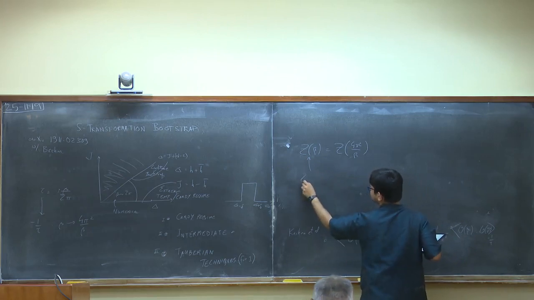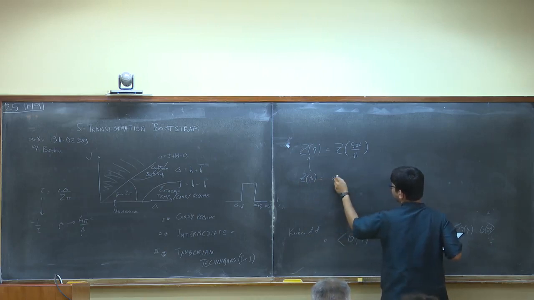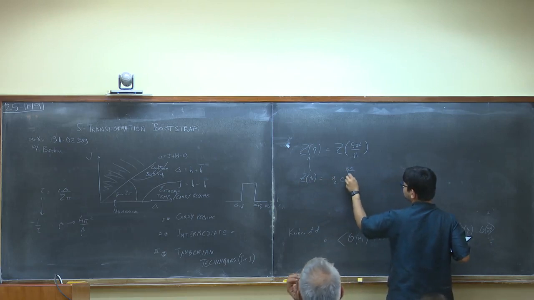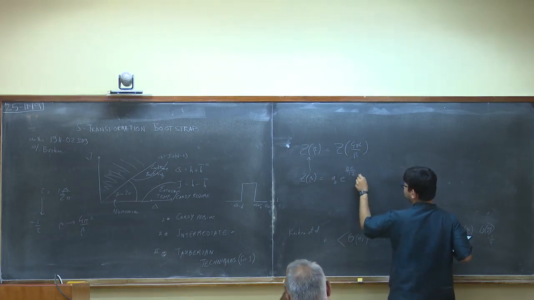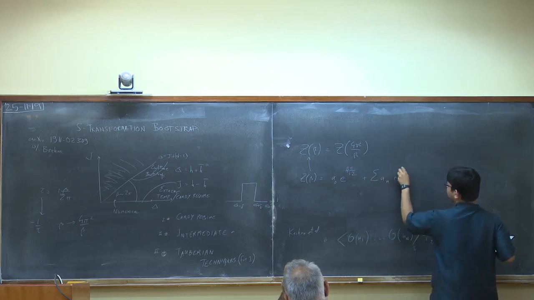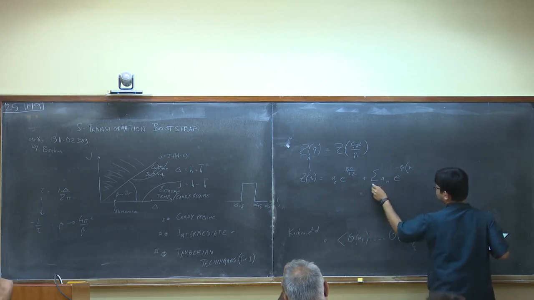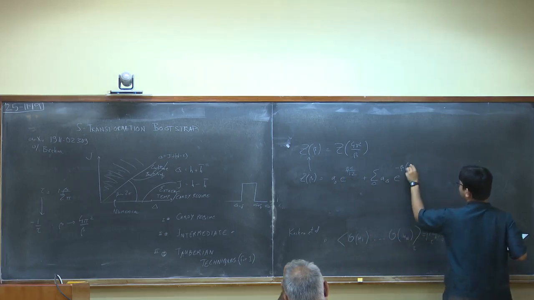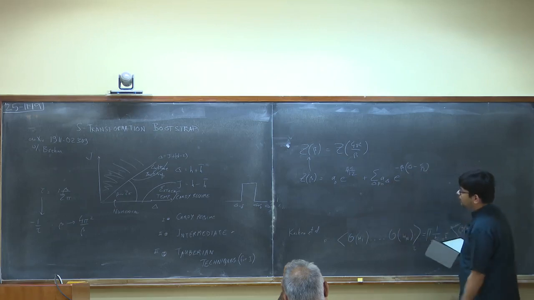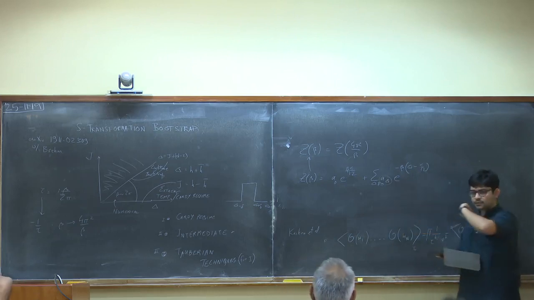So Z of beta is a_0 e to the power beta c by 12, plus the sum of a_delta terms. And we want some information about these a_delta for large delta.